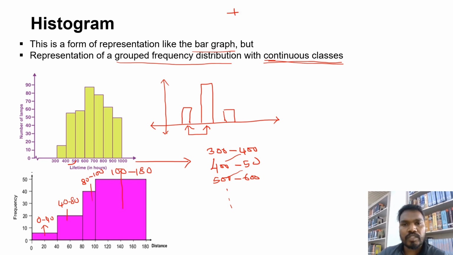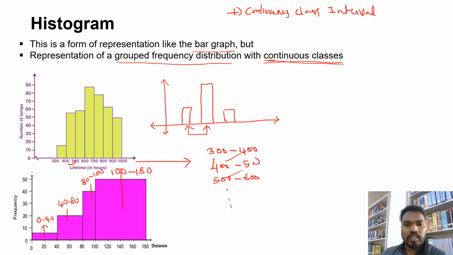The first difference is that this is only for continuous class interval data. Obviously when you have grouped data, we use either discrete or continuous, but to draw histograms we should make the class intervals continuous, then only we can draw the histograms.